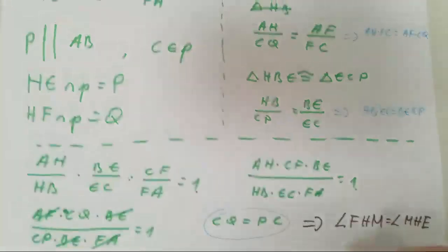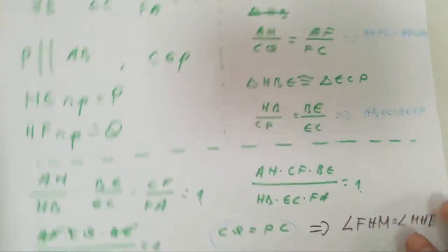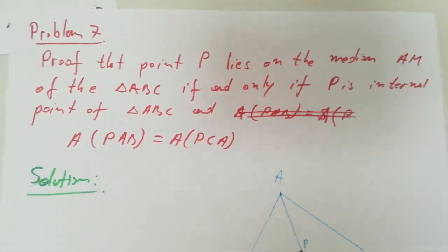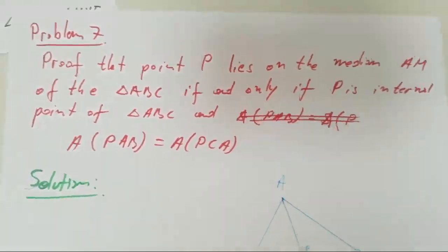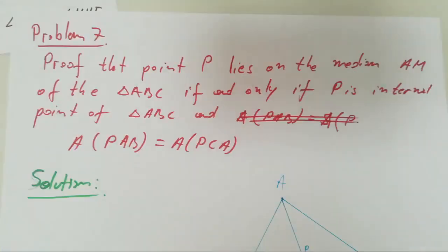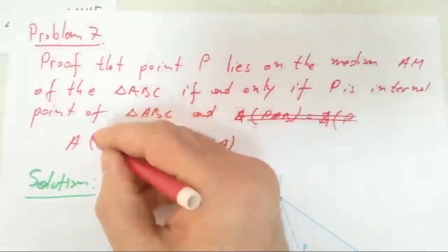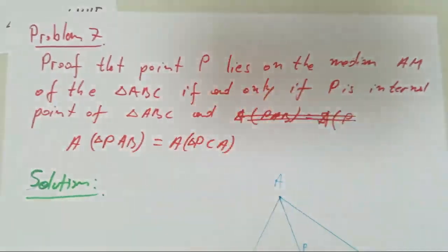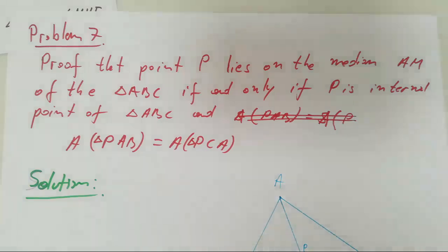Great. Let's continue with the seventh problem. Prove that point P lies on the median AM of the triangle ABC if and only if P is an internal point of the triangle ABC and the area of the triangle, sorry, I forgot to write here triangle, the area of the triangle PAB and the area of the triangle PCA are equal.